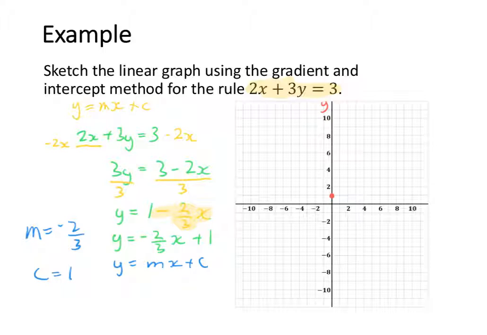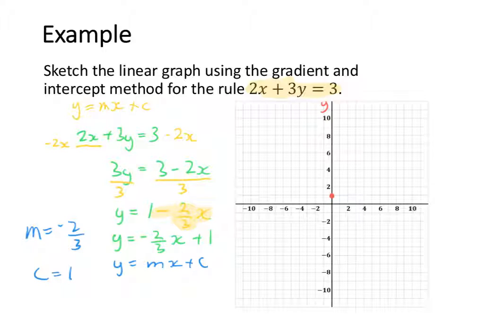This time my gradient is a fraction, so it's going to be a little bit more complicated. The general rule still applies: as my x increases by 1, my y is going to decrease by 2/3. I've just got to work out approximately where 2/3 is going to be.